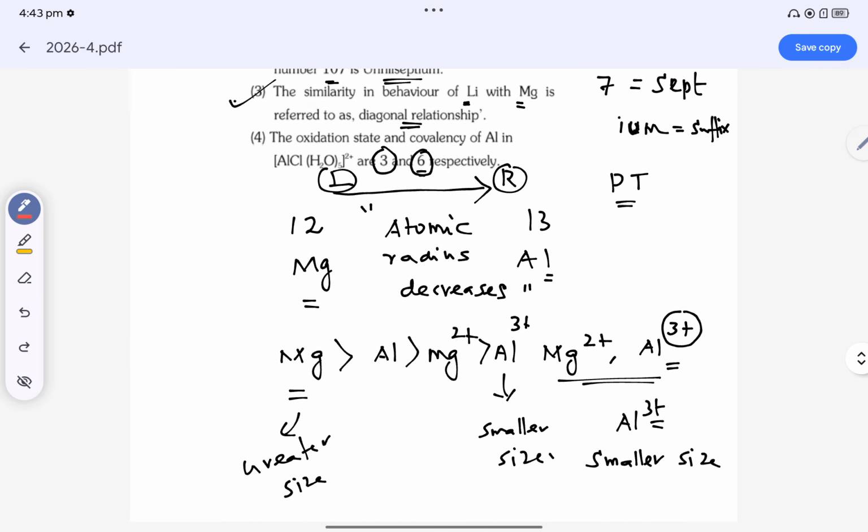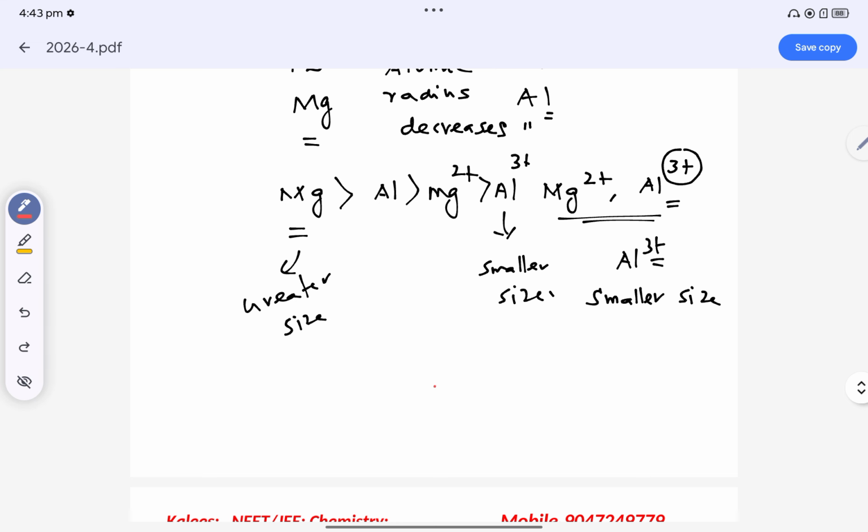Aluminium, Cl, H2O, H2O, H2O, H2O, H2O, 2+.